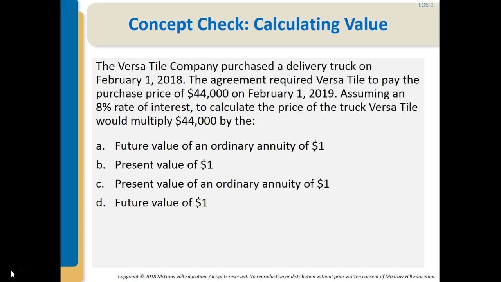Assuming an 8% rate of interest, to calculate the price of the truck, Versatile would multiply $44,000 by the A, future value of an ordinary annuity of $1, B, the present value of $1, C, the present value of an ordinary annuity of $1, or D, the future value of $1.